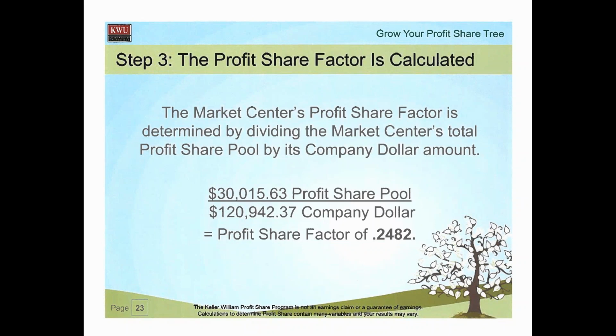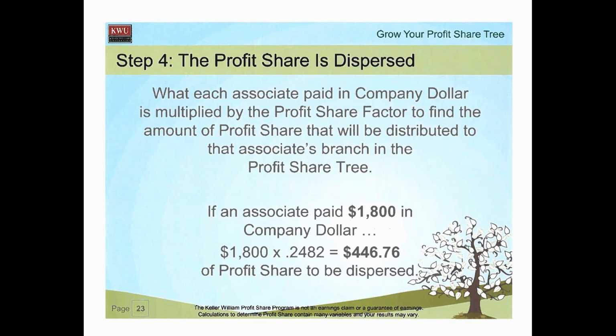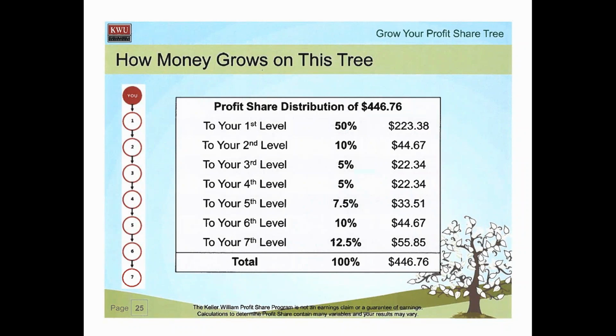And there's a very complicated profit share factor that's calculated every month. They take the total profit share pool divided by the company dollar, and that comes out with the profit share factor. That changes every single month. We'll get down to an example.